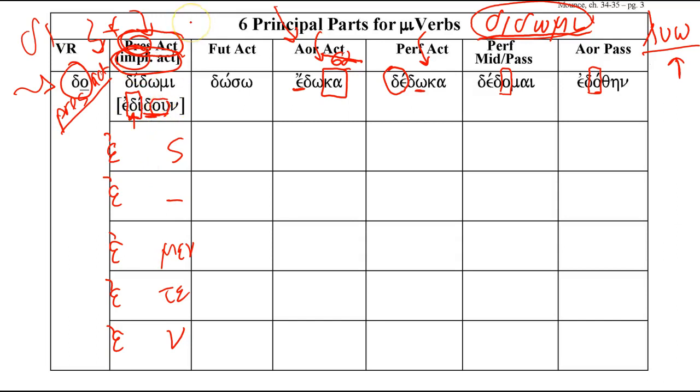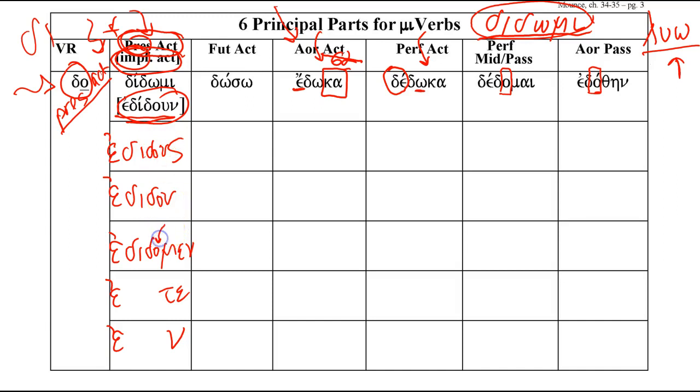So ἐδίδουν is I was giving. ἐδίδους is you were giving. ἐδίδου is he, she, it was giving. ἐδίδομεν is we were giving.